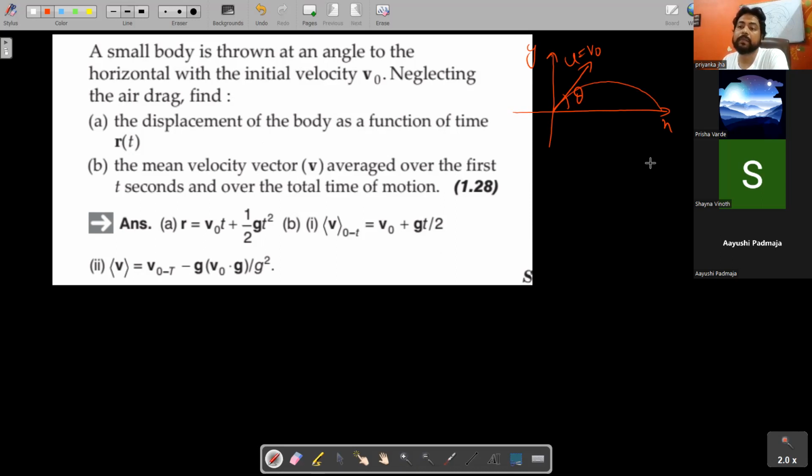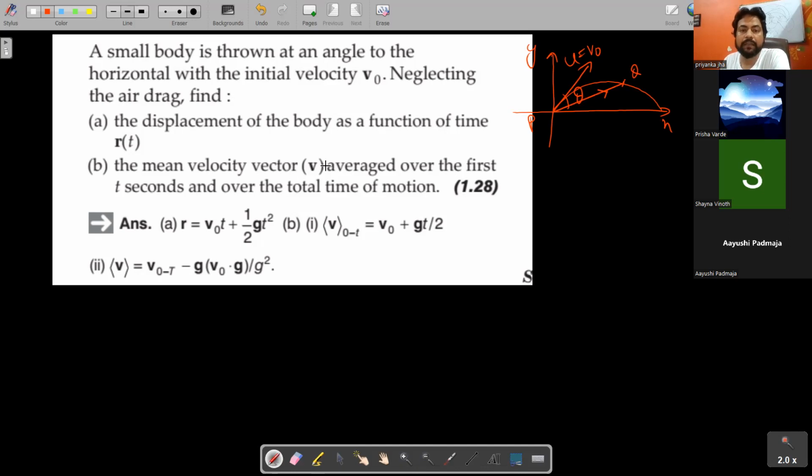See, it is asking about displacement. Do you understand displacement? At any time, suppose this object is over here, at a point P, and this is Q. Displacement is the final position with respect to the initial position, so this should be the displacement PQ. But sir, for the entire journey, it's the range.